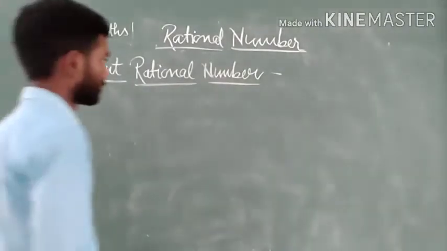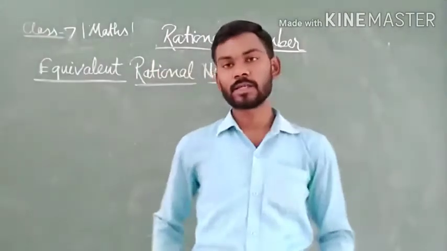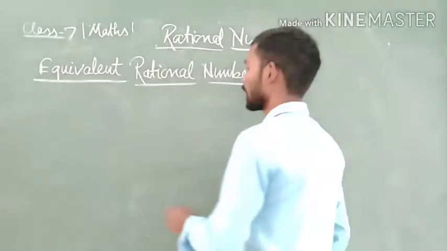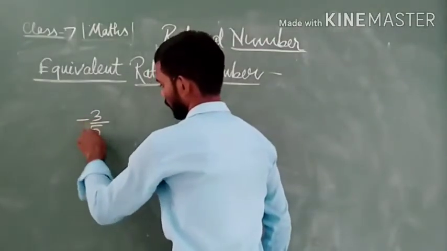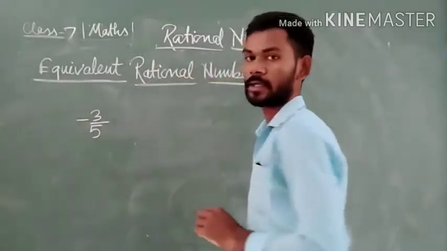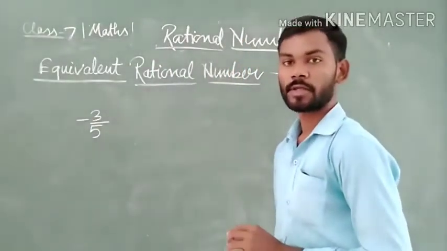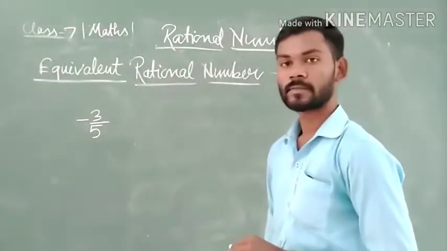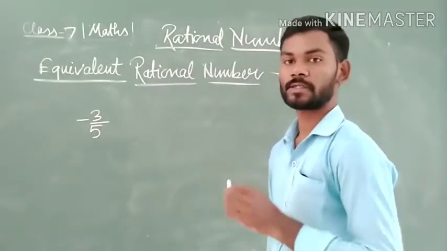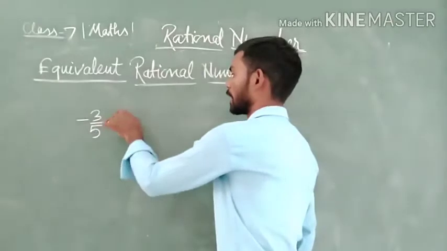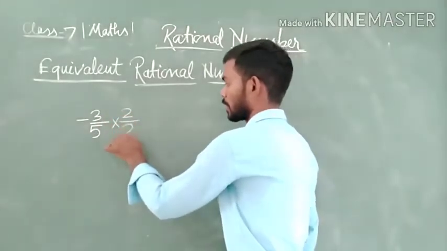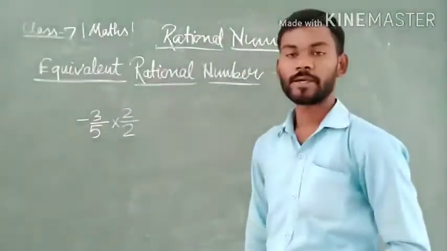Okay students, so let us see. If I have a rational number minus 3 upon 5, and we want to find its equivalent rational number, we just multiply the numerator and denominator by the same number.